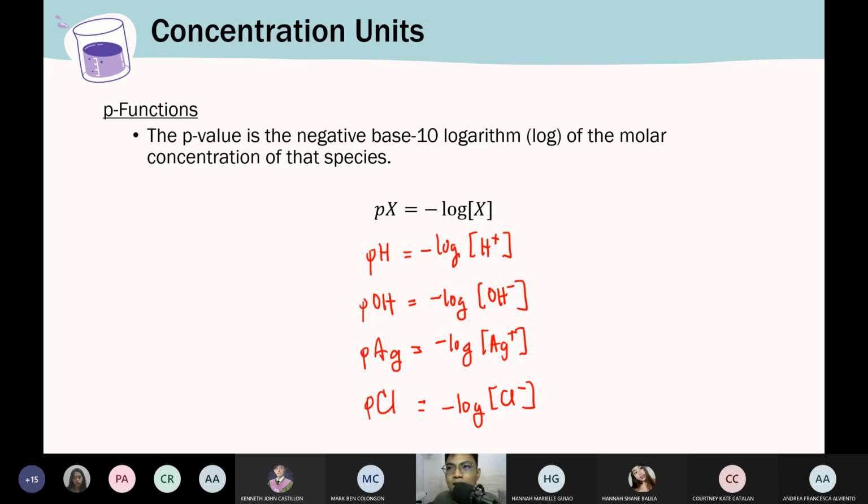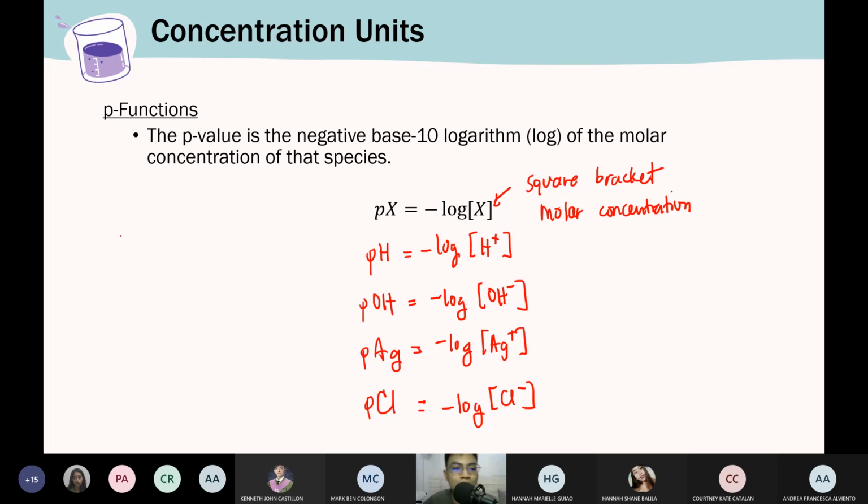And in analytical chemistry, or in chemistry in general, we usually indicate molar concentration by using square bracket, no? Pag square bracket yung nakalagay, automatic na sa amin that it is molar concentration. Okay? So whenever we see a square bracket, we know it's already molarity. Just get the negative log and then that's the answer.